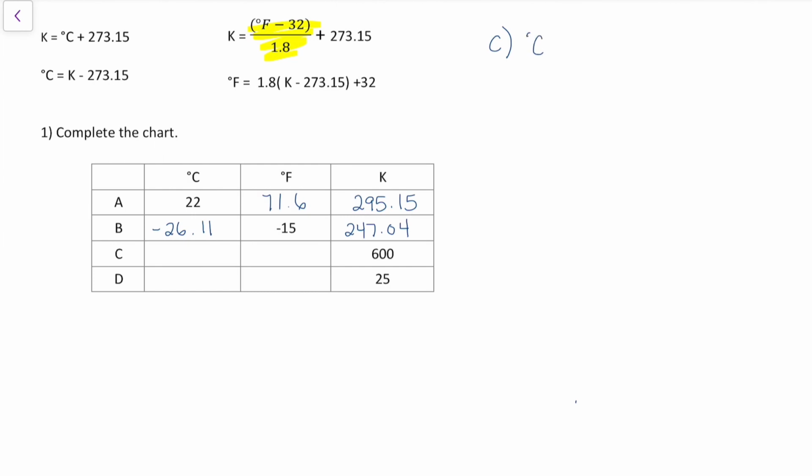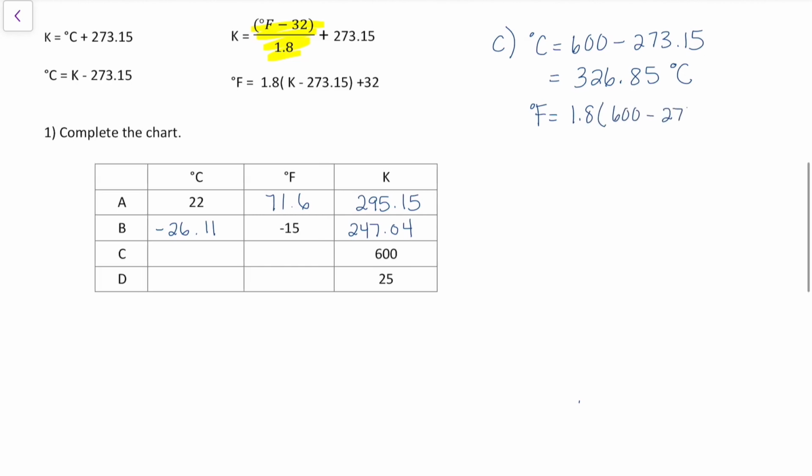I'm going to take my Kelvin and subtract 273.15, and you get 326.85 degrees Celsius.